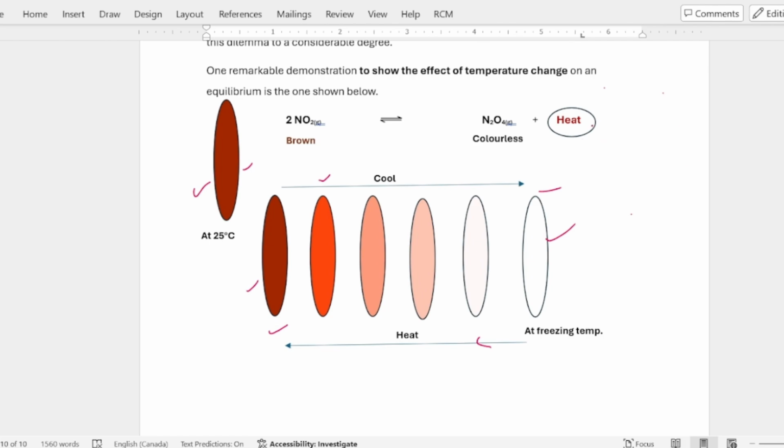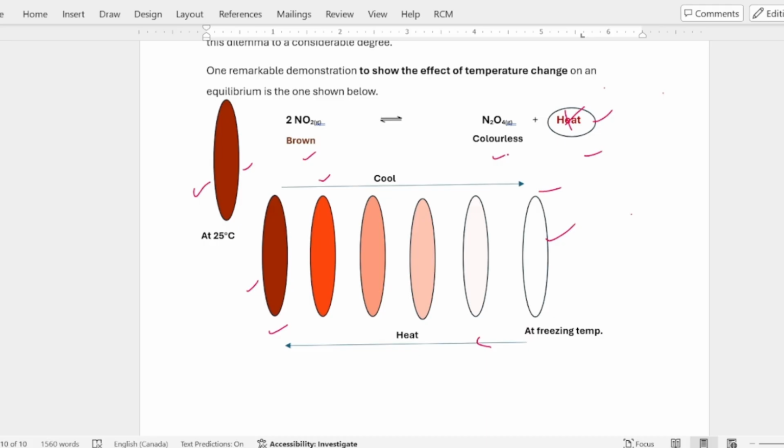Since the reaction is exothermic, as it was cooled, heat being a product was removed. So, to restore the heat, the equilibrium shifted to the right during this process. The NO2 gas, which is brown, was changed to dinitrogen tetroxide that is colorless.